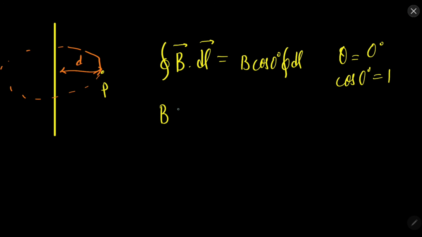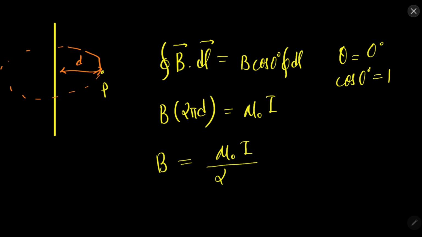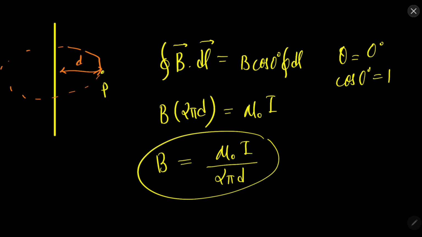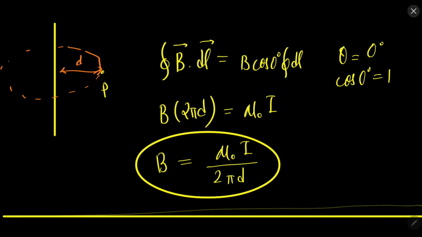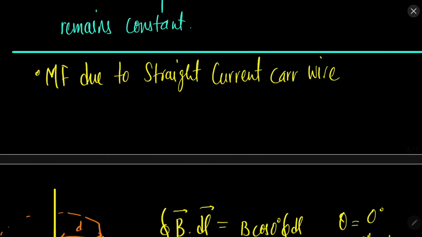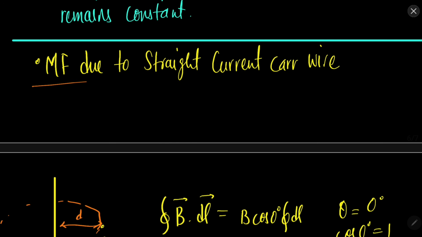Ultimately B times dl, which will be 2 pi d, the circumference. This is equal to mu naught I. So ultimately B will be mu naught I over 2 pi d. This is the same formula that we obtained using the Biot-Savart law. So this is the proof that the magnetic field of various shapes can be found using Ampere's law as well.